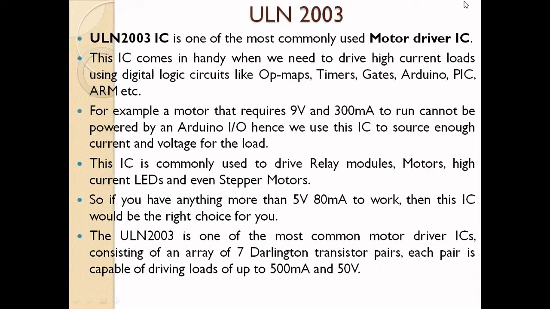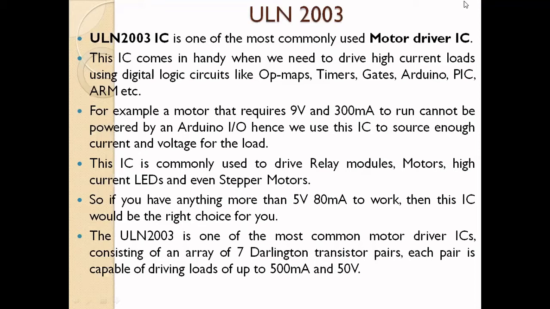For example, your motor requires 9 volt and 300 milliamps, but your Arduino operating voltage is 5 volt and 40 milliamps, so you have to use some driver circuit. It is used mainly to control relays, motors, next LEDs, next stepper motors. A lot of motors are available. It is used for stepper motors.